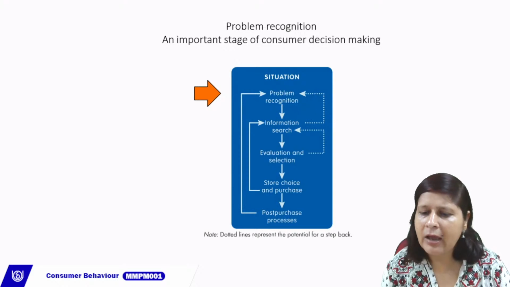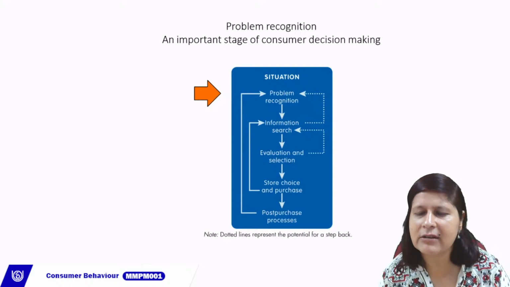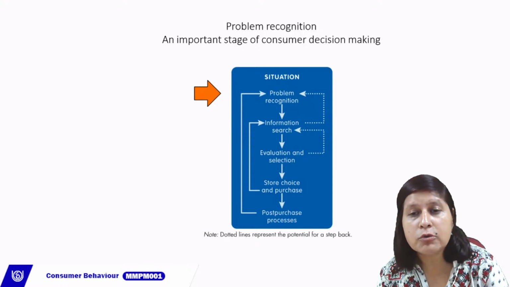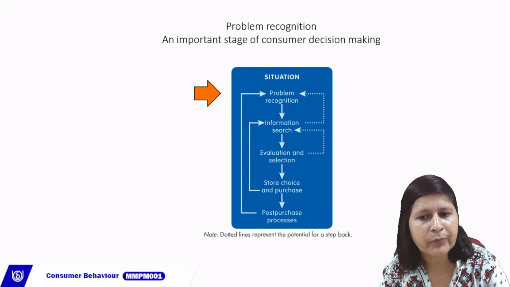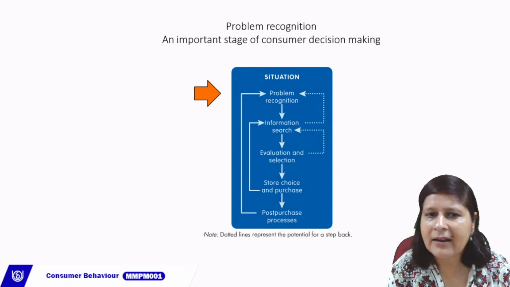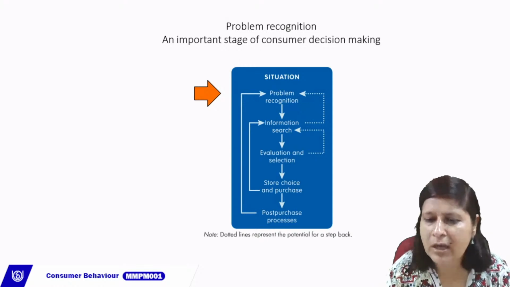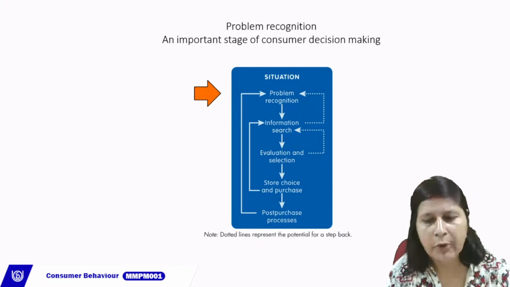And store choice and purchase can again lead to the information search. Suppose I have evaluated and selected the type of product I want, and this led to the store choice and the purchase. After that, I would like to know much more about this store, right? And these dotted lines represent the potential for a step back, like evaluation and selection leading again to information search, or information search again leading to problem recognition.